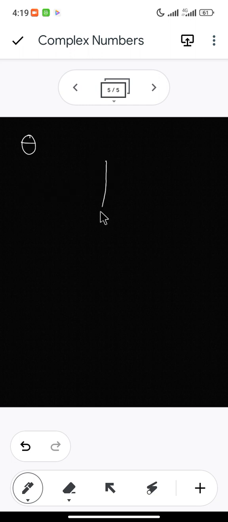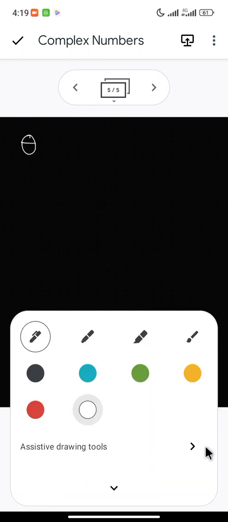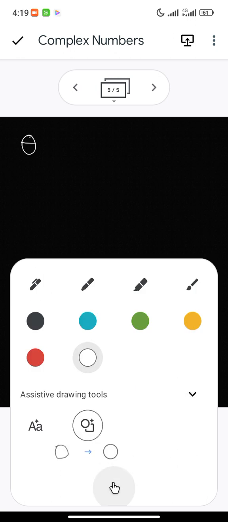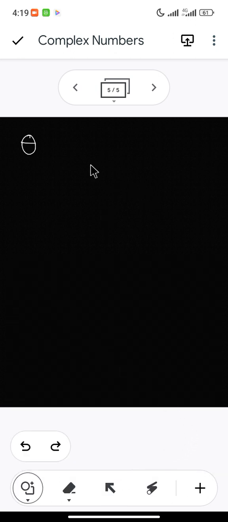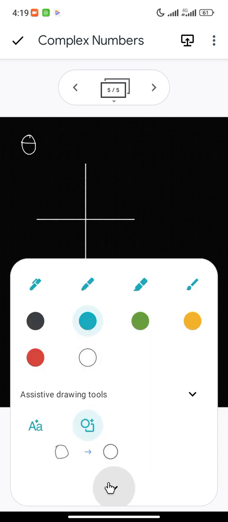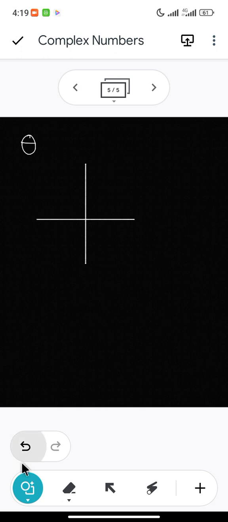If you have to draw a graph, and let's say you have plotted your graph. Notice that this is your positive y, this is your positive x, this is your negative x, and this is your negative y, right?